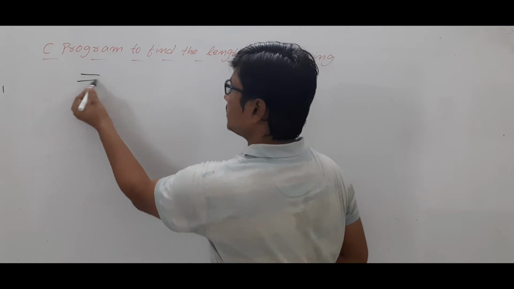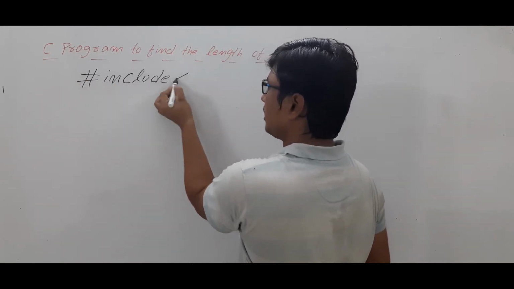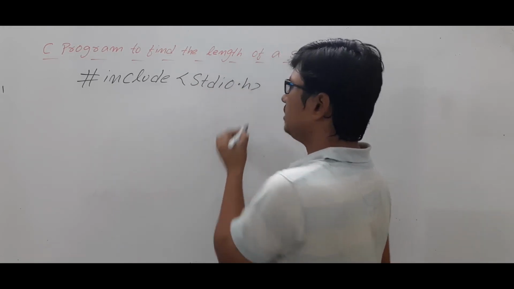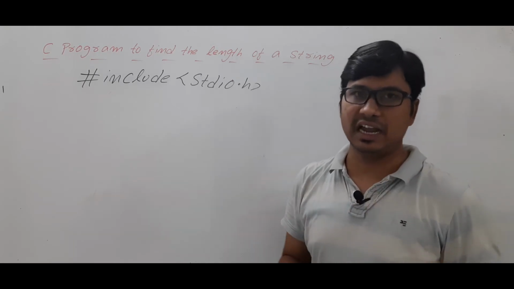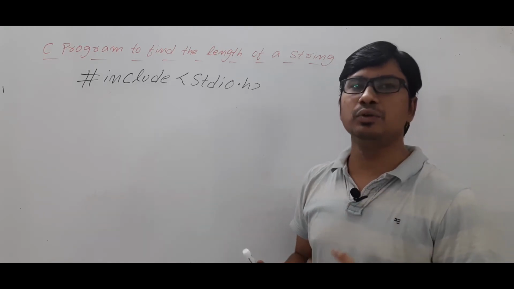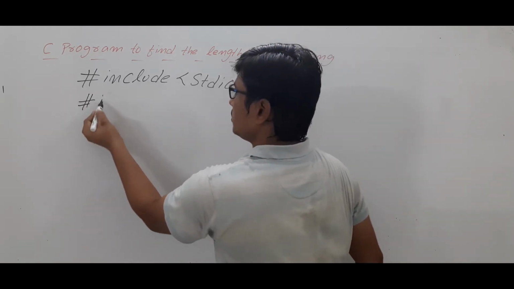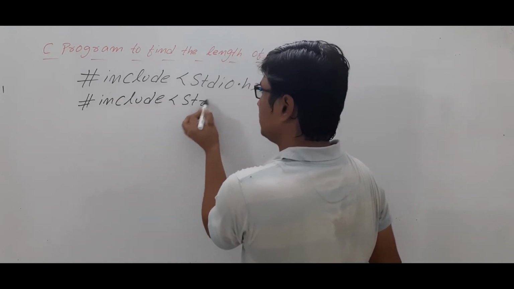I am including the stdio.h header file, which is the standard input output header file. Whenever you want to use any string handling functions, you have to include the header file called string.h. So let me include the string.h header file.